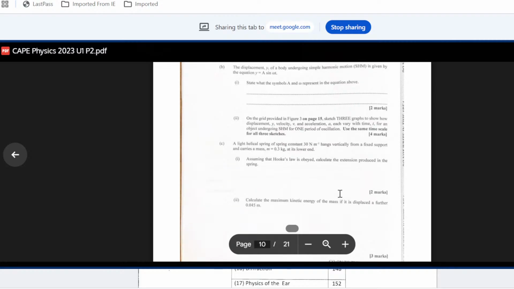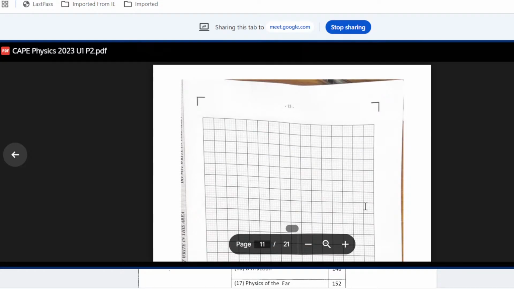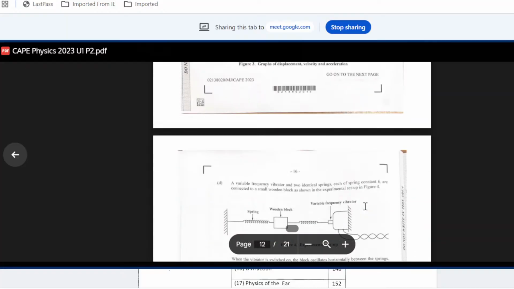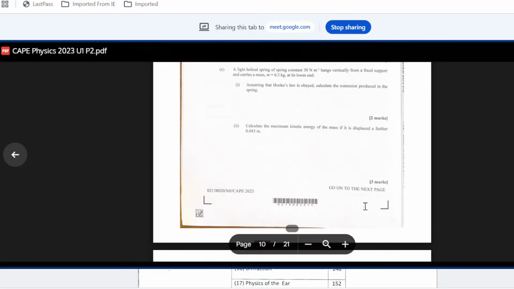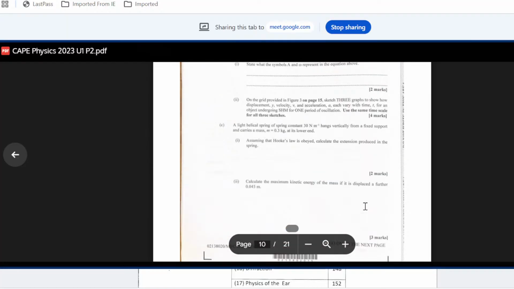Calculate the maximum kinetic energy of the mass if it's displaced a further 0.045 meters. So max kinetic energy.